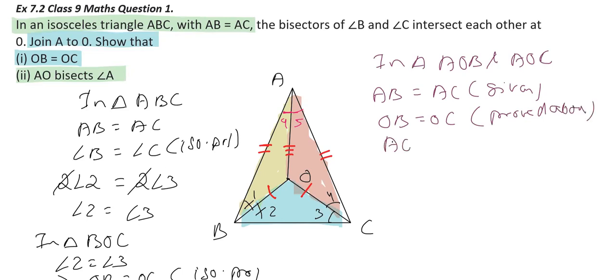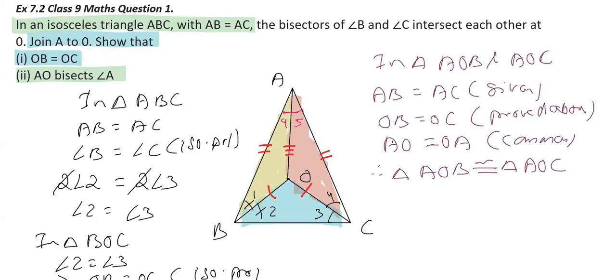And further, the length AO is equal to OA. That's a common side. So we simply write common in this case. So therefore, we can write triangle AOB is congruent to triangle AOC.